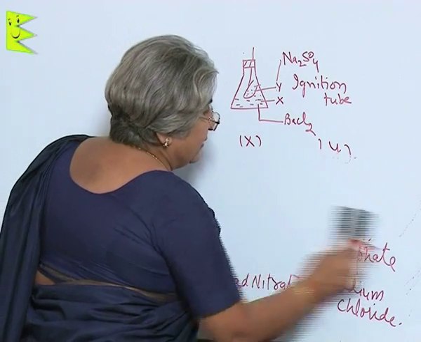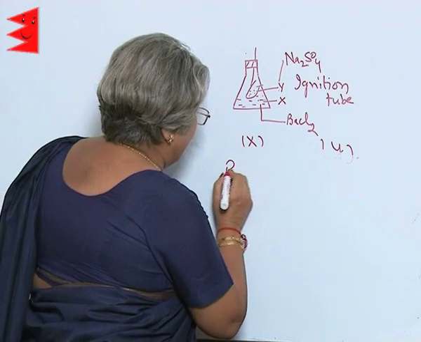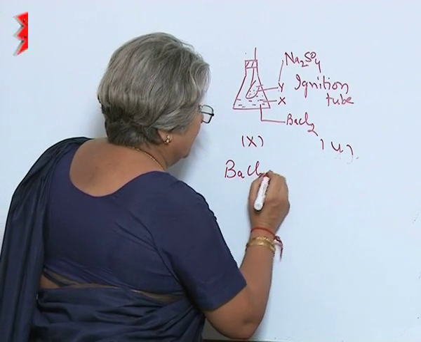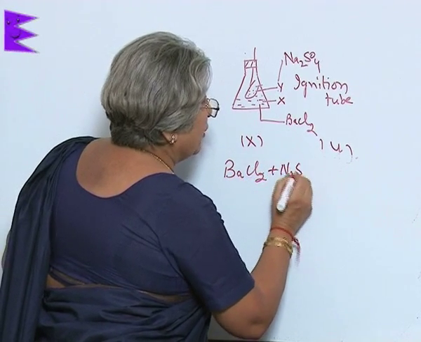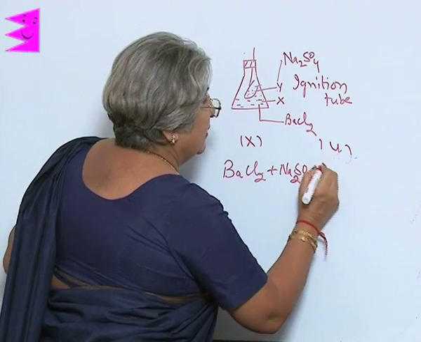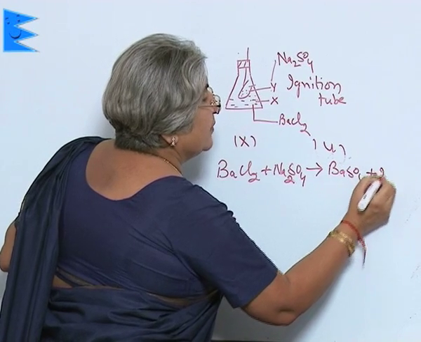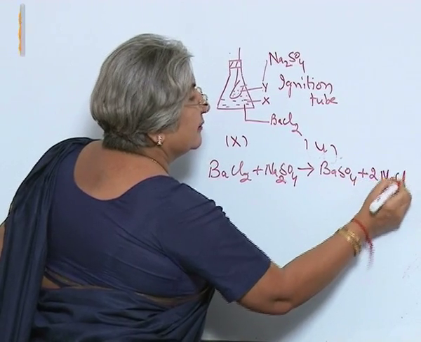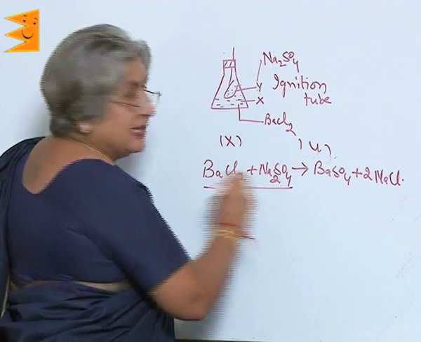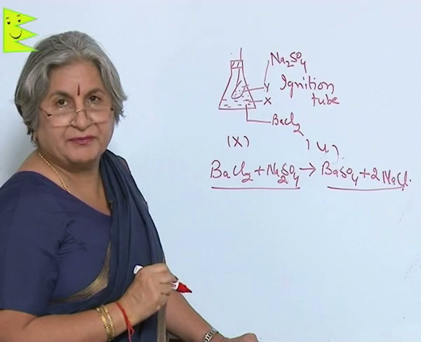If we have taken barium chloride and sodium sulfate, then what we get is barium sulfate and sodium chloride. We started with this, ended with this, but the weight is the same.